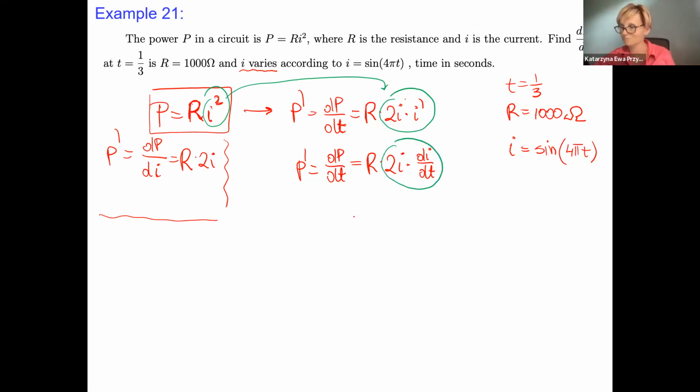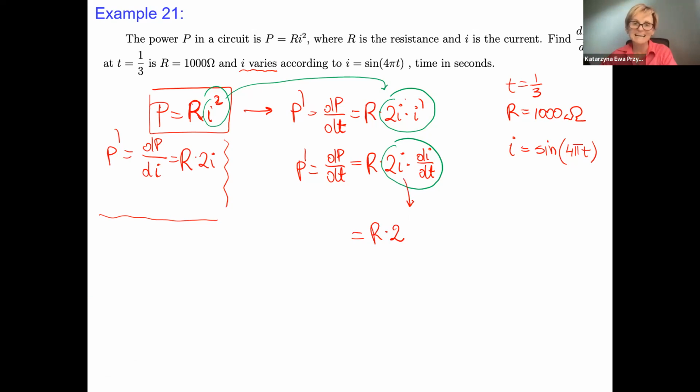And now let's just substitute. The resistance was 1000, 2 times... hang on, we have the formula, we don't have just a value. R, we didn't finish. What is actually I?